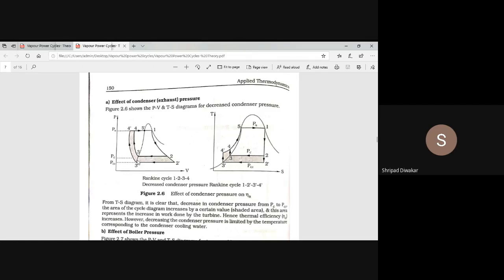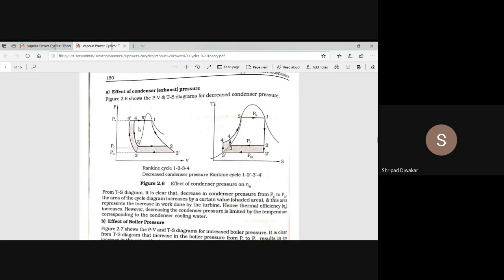So the area under 2 dash 3 dash is more than 2 3. Obviously, we can say that when more area is available, more work done takes place. When more work is done, there will be more efficiency in the cycle.